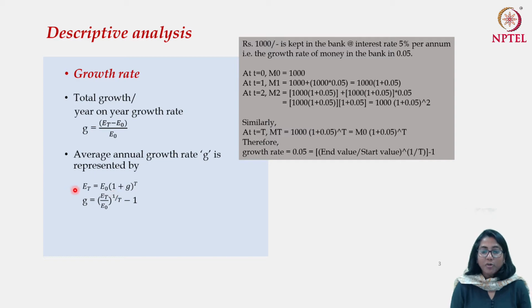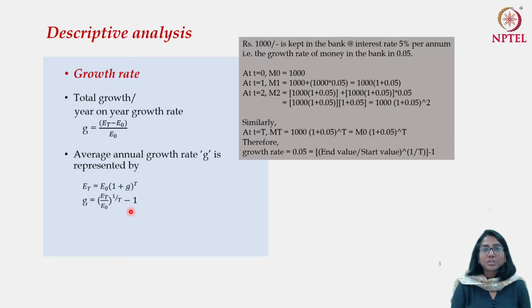So this formula tells you that the energy demand is growing at the rate G. If that is the case, then at T equal to capital T, your energy demand is going to become E naught multiplied by 1 plus G whole to the power T. And from that, you are deriving the value of G, which is like this.